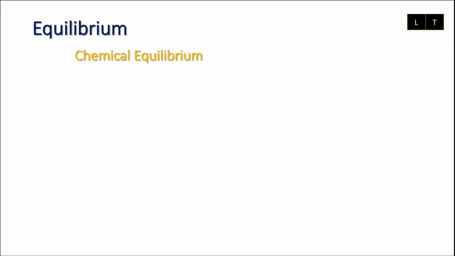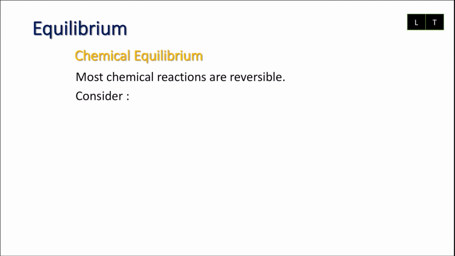How about chemical equilibrium? Chemical equilibrium berlaku apabila awak ada reversible sign, di mana contoh saya ada N2O4 gas reversible with 2NO2 gas. Dalam kes ini, N2O4 warna dia colourless, NO2 brown.